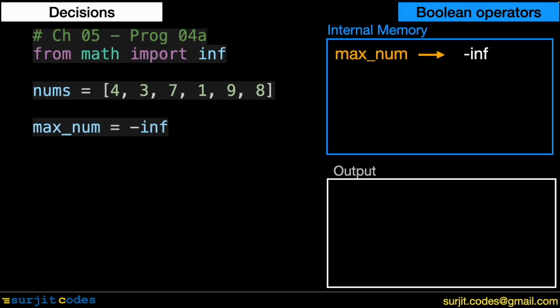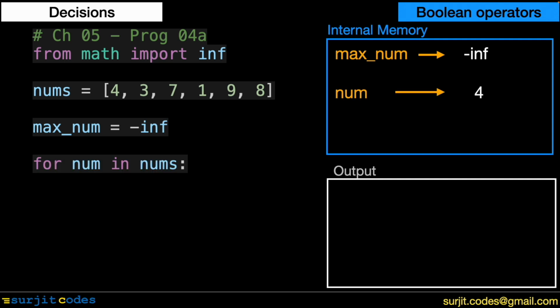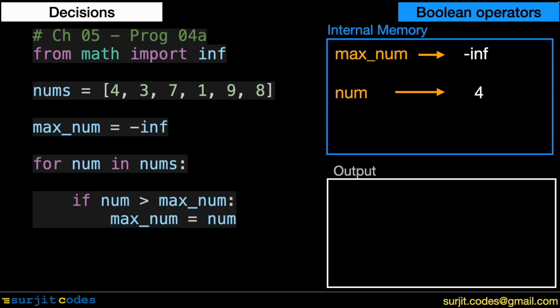Here we assume max number to be minus infinity to begin with and compare it with the items of the list one by one. First value of num is 4. Every number is greater than minus infinity. Therefore, if condition is true, so max number also becomes 4. In the next iteration, num is 3, which is not greater than 4, so we ignore the if statement.